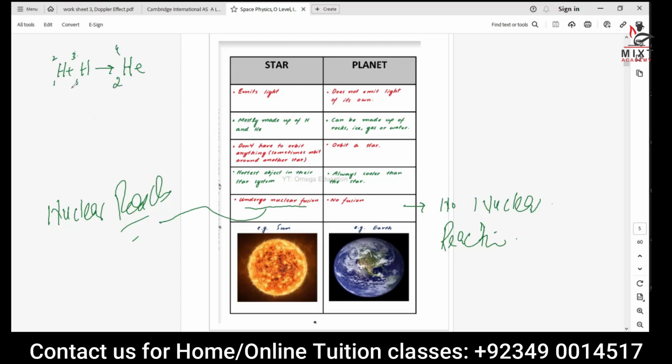And it can be seen here, proton number is conserved, 1 plus 1 is equal to 2. Nucleon number is conserved, 2 plus 3 is equal to 4. 2 plus 3 is 5, right? 5, not 4.